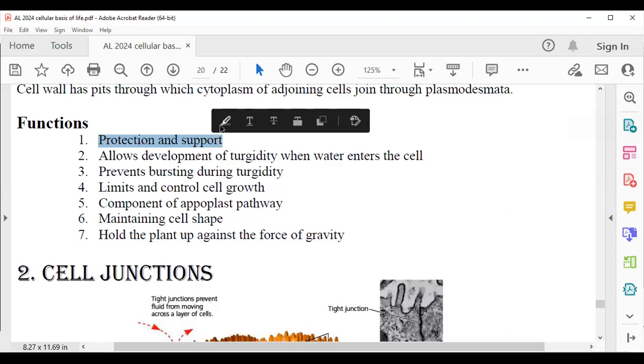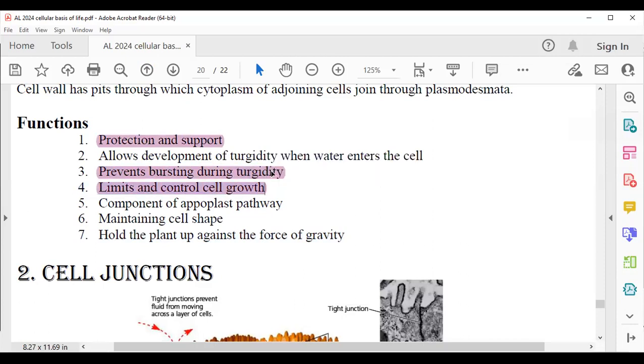This is also because it is a skeleton. Only that apoplastic pathway part is a non-skeletal function. Clear?